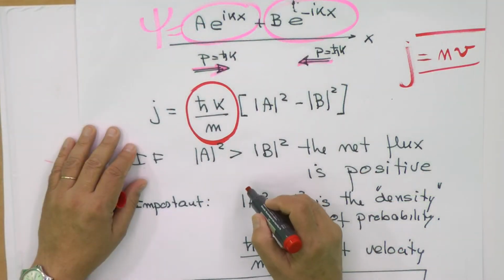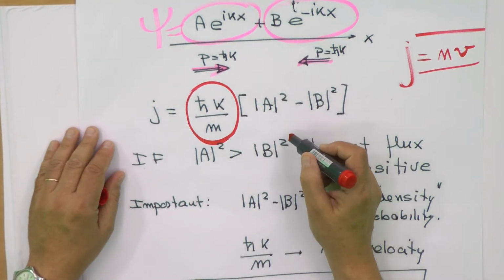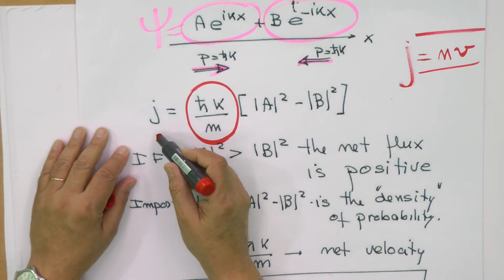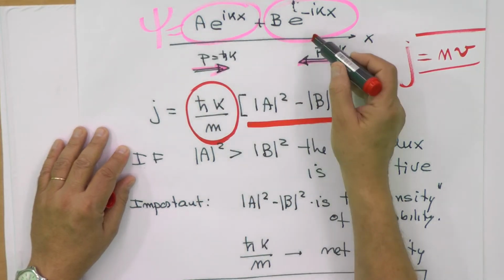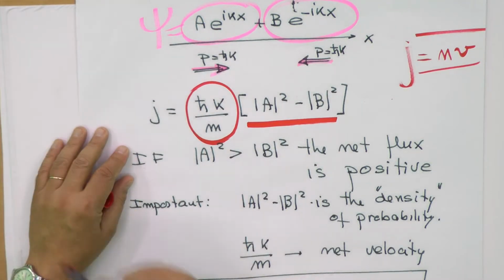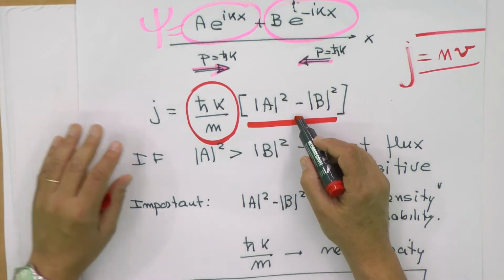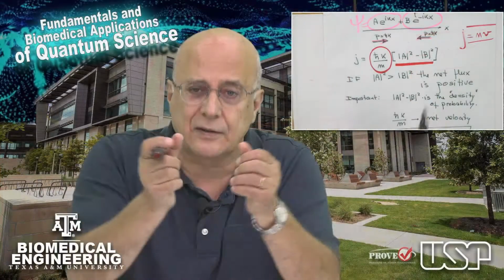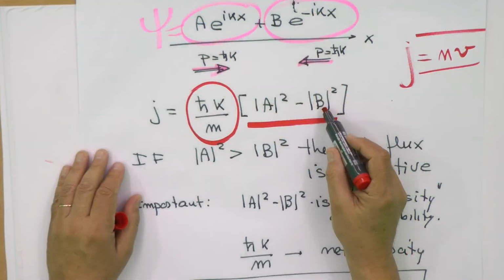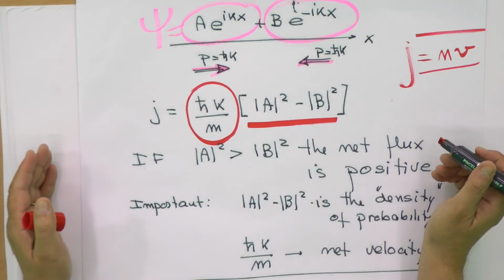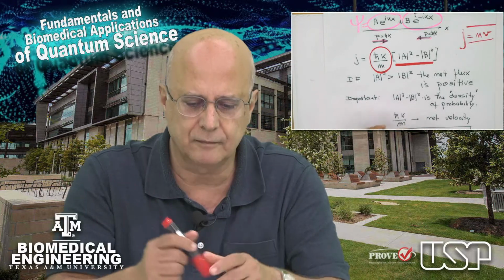Here, when we do that, we just plug in the expression. It's very easy. We get that the flux depends on the difference of the amplitudes of the incoming wave and the outgoing wave from some region, which tells us that the net flux depends on what's coming in and what's going out. If A is equal to B, this is 0, and the density in that region of space will not change at all.